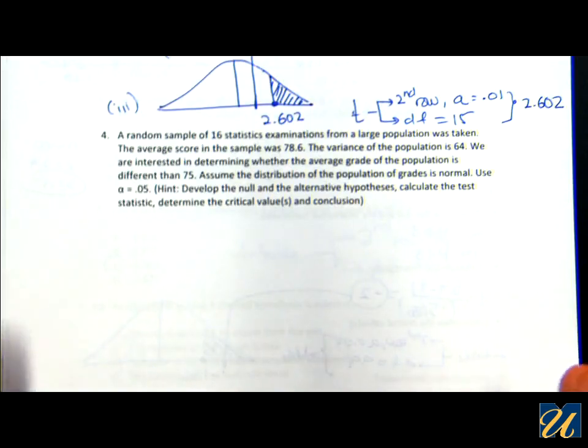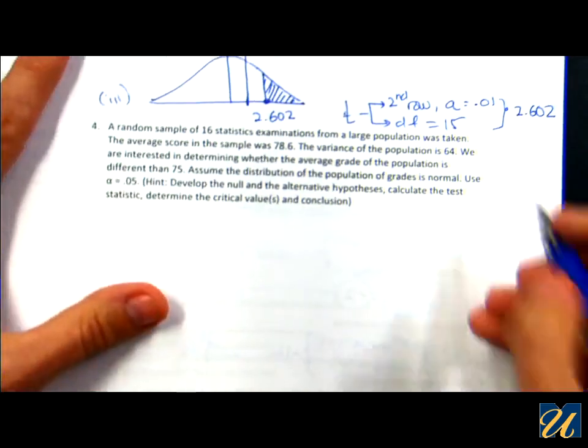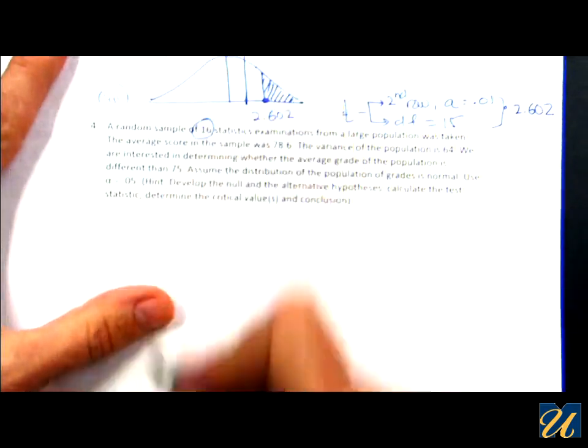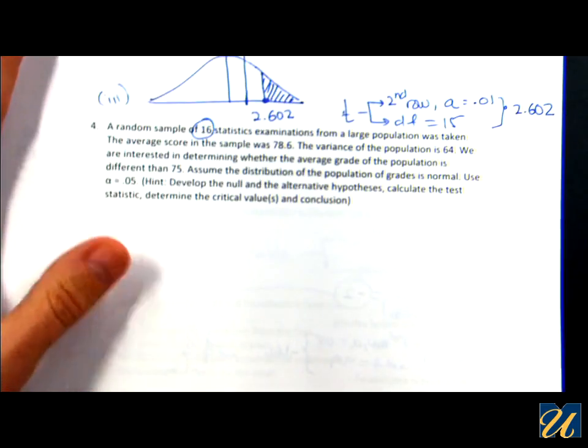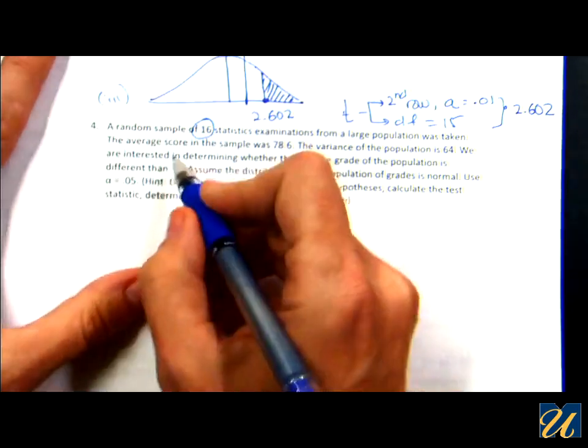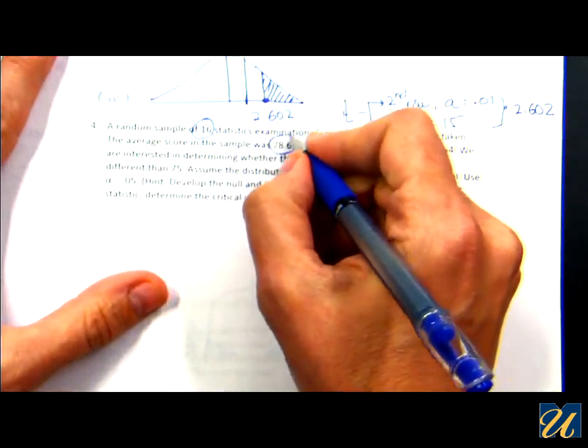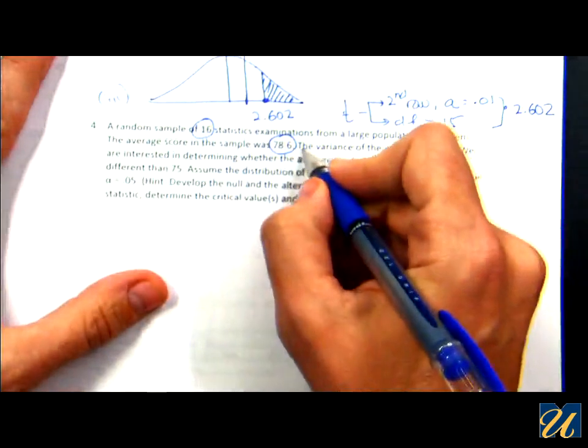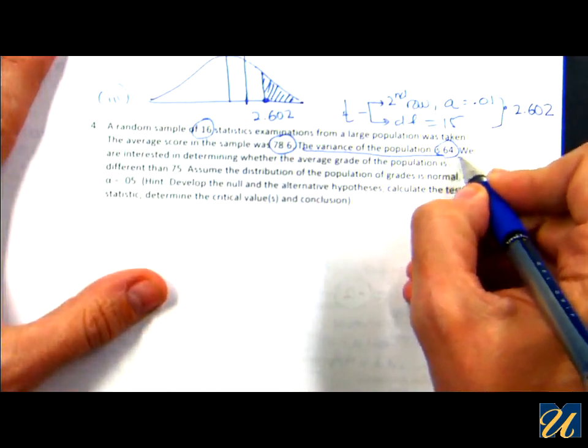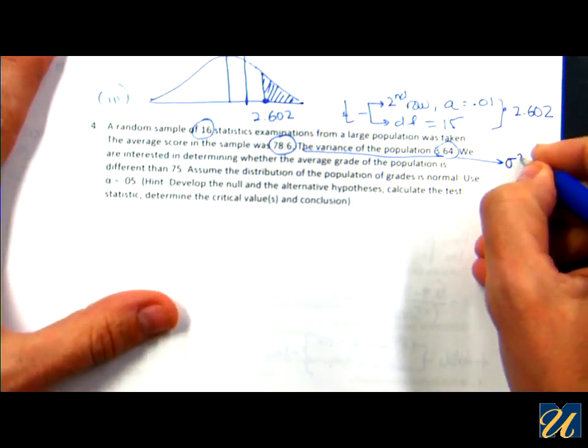For problem number 4, we have a random sample of 16 examinations from a large population. The average score in the sample was 78.6. The variance of the population, this is sigma squared, equal to 64.